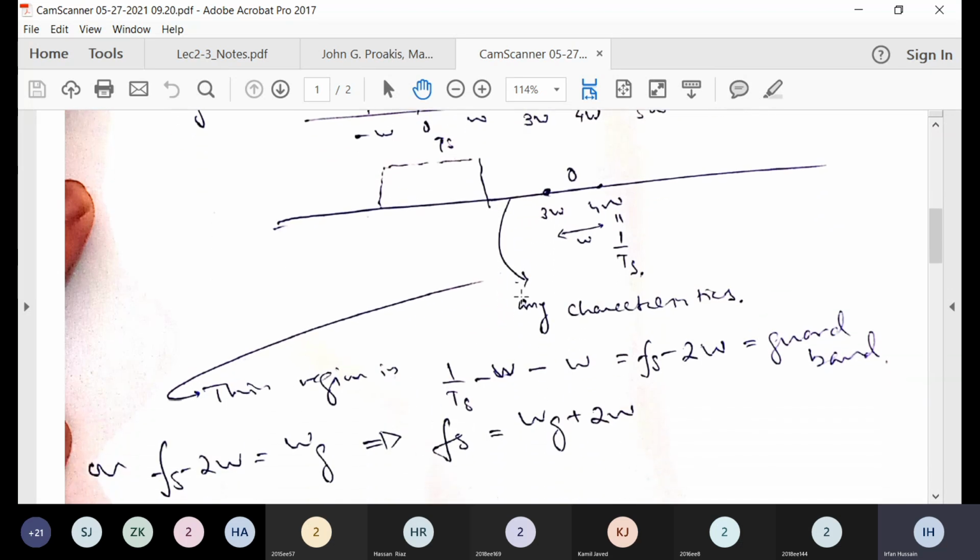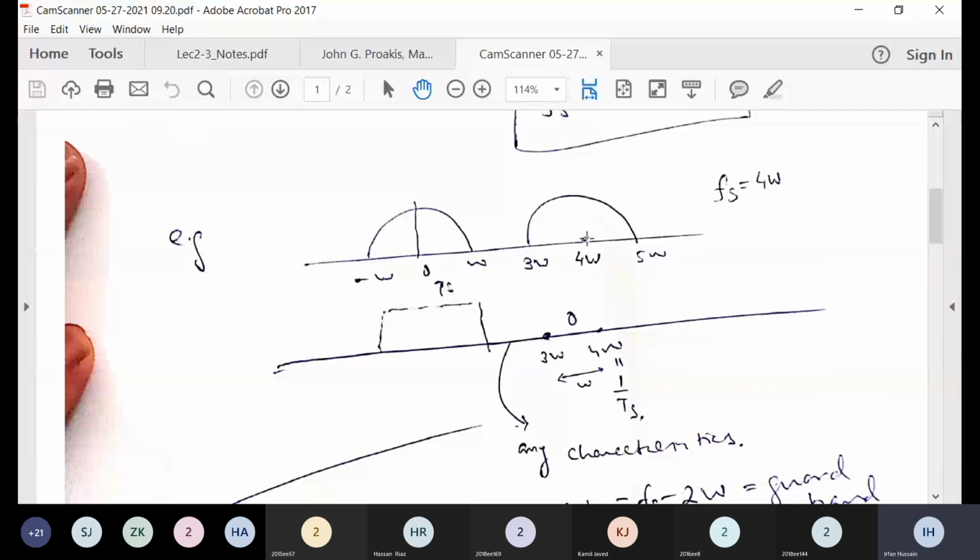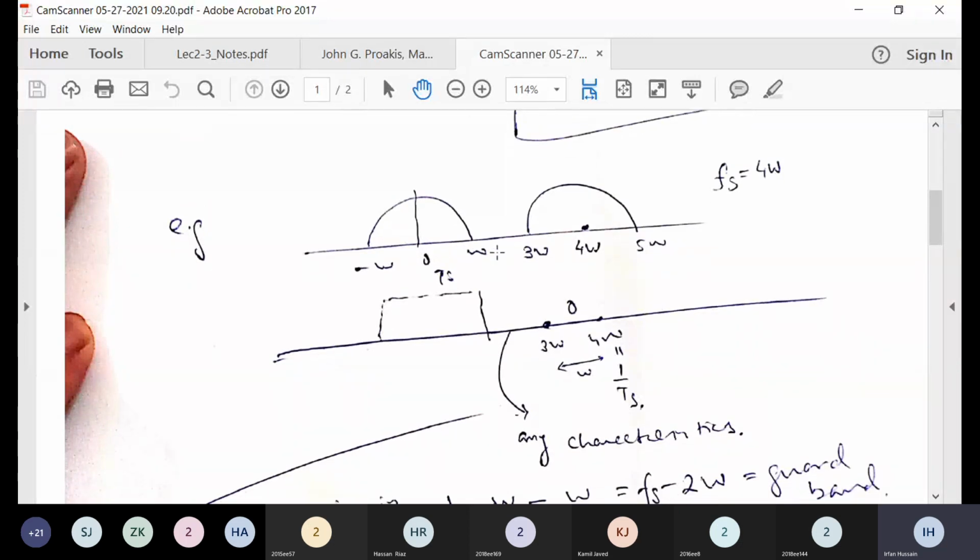And this region from 1 over Ts minus W, which will come out to be minus 2W, which is 2W, and 1 over Ts is Fs. So Fs minus 2W will be called the guard band.